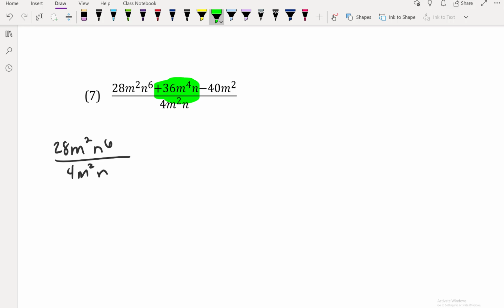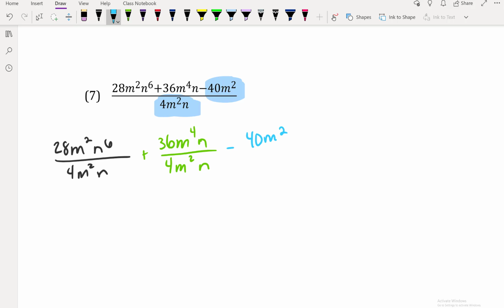And now I'm going to have my second fraction here. So it's a positive 36m4n over 4m squared n. And now let's deal with that third fraction. So minus 40m squared over 4m squared n.